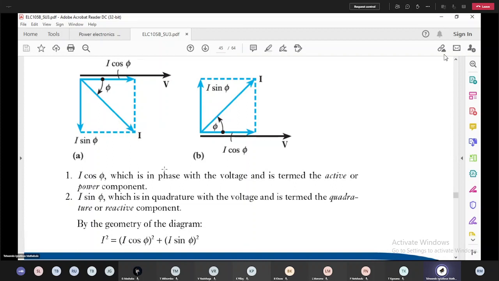And the current that will flow through the RC will be a certain current leading the voltage by a certain angle theta, for an example.